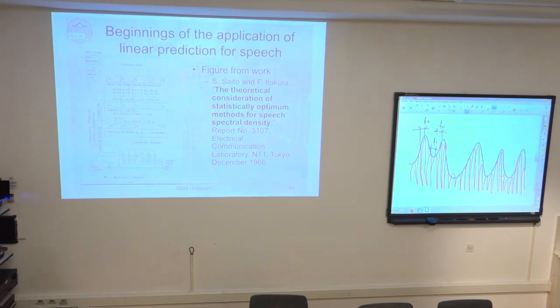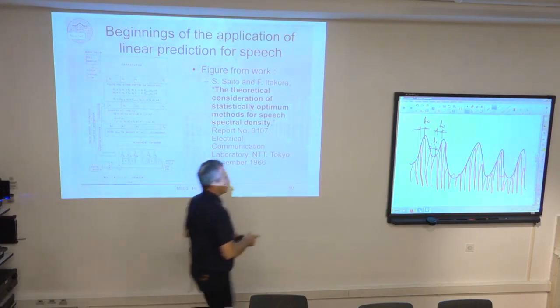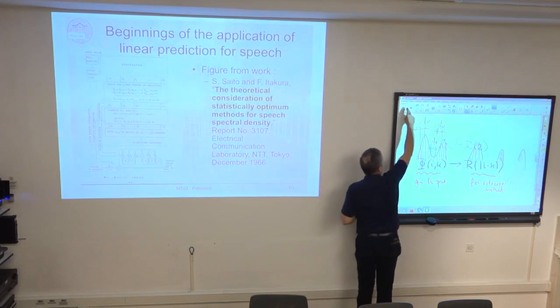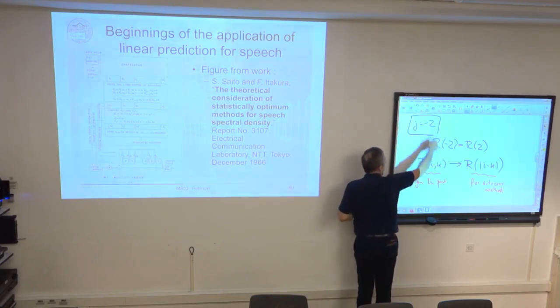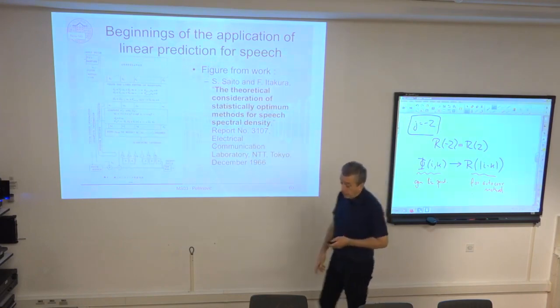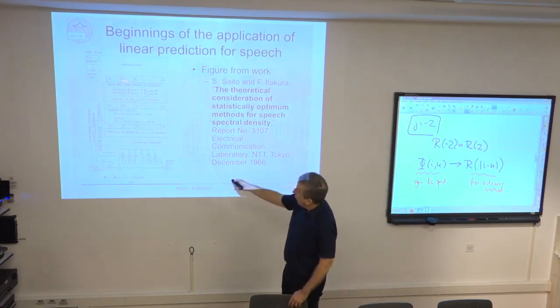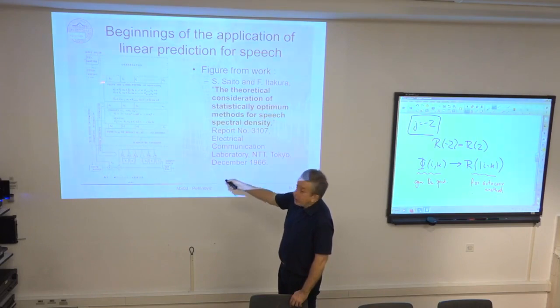And at that time, when they described this system, what did it consist of? Computing these correlation coefficients that we described just earlier, R of 0, R of 1, and so on. So I compute these autocorrelation coefficients.